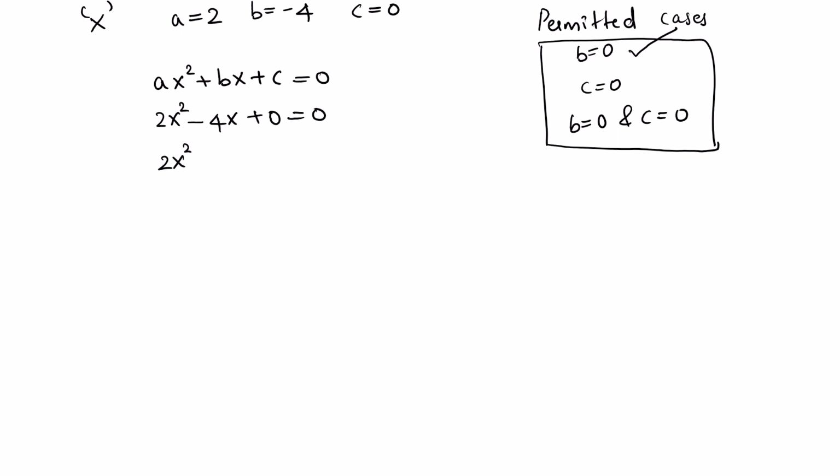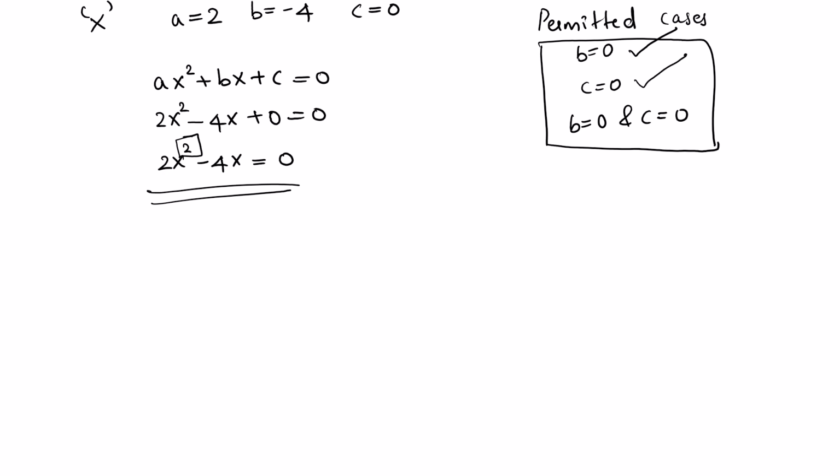So 2x square minus 4x plus 0 is, negative 4x, which is equal to 0. So this is the required quadratic equation. Here, is it a quadratic equation? Yes. Why? Because the highest degree of this equation is 2. That is square, right? So this condition is also valid.